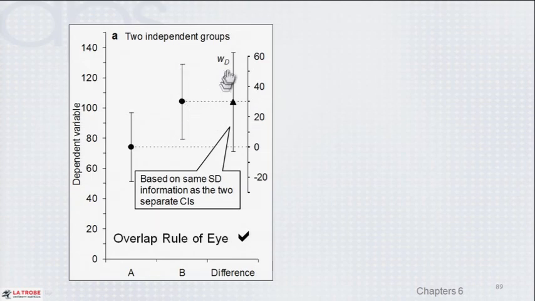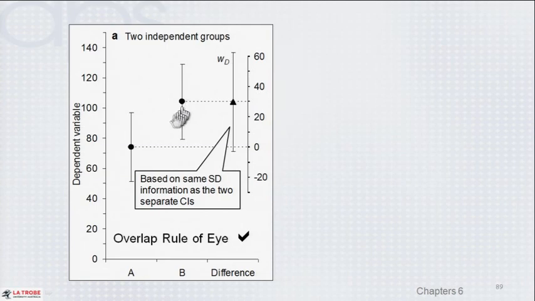So this confidence interval is determined pretty much by these other 2. If I know these other 2, I know that this one typically is about 1.4 times as long, root 2 with a bit of adjustment, as either of these. So if you just give me these, and I want the confidence interval on the difference, I can actually eyeball it.